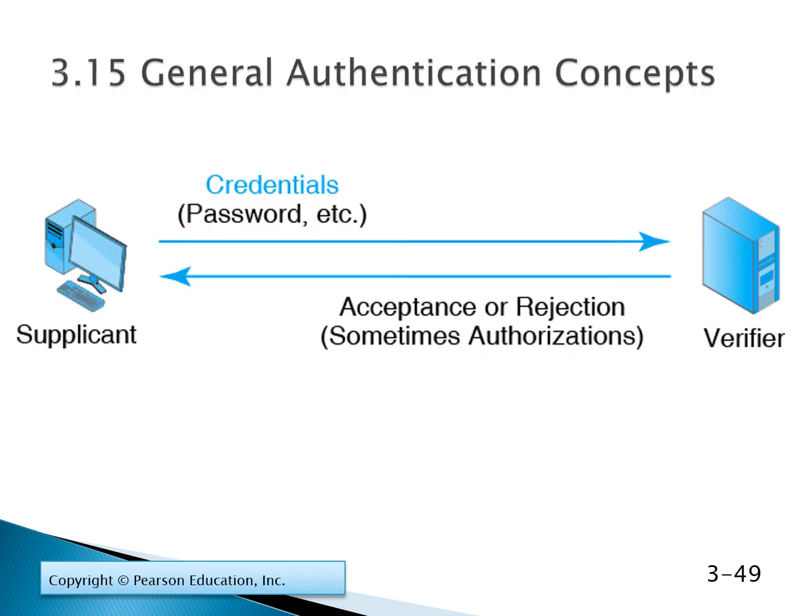So here are some general authentication concepts. The supplicant is the user who tries to log into a system in general, so we call it a supplicant. Your server sometimes will have a process called the verifier.